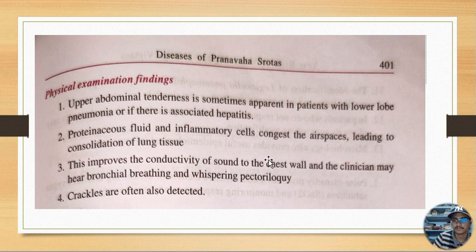We have already seen that due to neutrophilic and lymphocytic infiltration, there is a congestion of the air spaces, and this improves the conductivity of sound to the chest wall. Because of the infiltration, the conductivity of sound is increased, and the clinician may hear bronchial breathing and whispering pectoriloquy, and crackles are also often detected through the stethoscope.